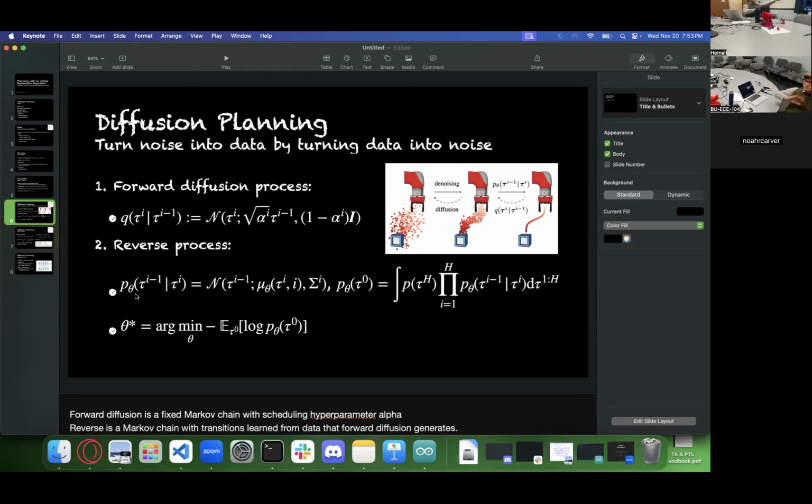That is predefined. So the adding of noise, because we've defined the way that the alpha parameter varies beforehand, the adding of noise is the same every single time we do it. And generally this is how it's done, where we just have a predefined forward diffusion process.